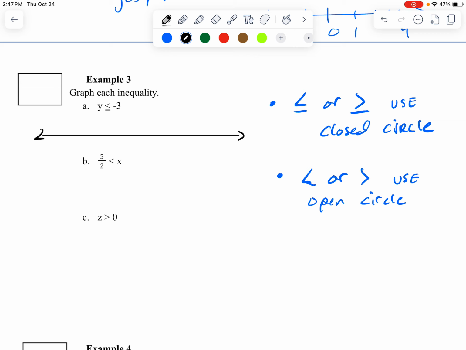So y is less than or equal to -3. So if this is my -3 and y is any value less than that, I'm focusing on the values that are over here. This is the way that I would shade this. And then I'm going to put a closed circle at -3. That indicates that -3 is actually a solution as well, because it's less than or equal to -3.